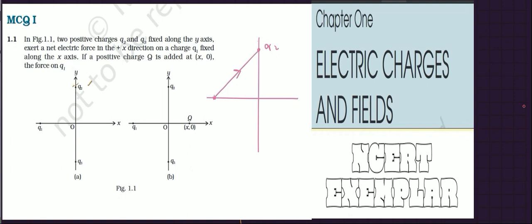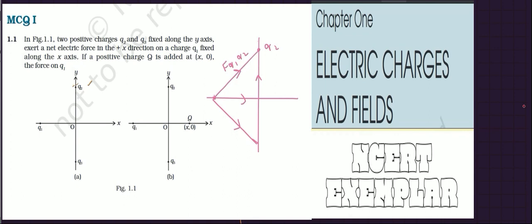Now I'm taking the reverse example. I'm trying to guess the sign of Q1, which is unknown, but the direction of force is known. If I resolve this vector, which is the force on Q1 due to Q2, there are two vectors associated with it. One is this, the other is this.